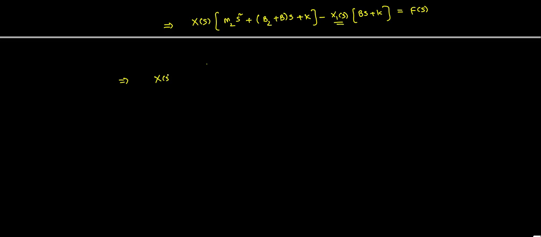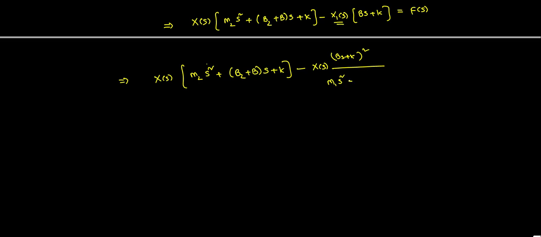So x of s into m2 s square plus b2 plus b into s plus k, minus x1 of s, which is equal to x of s into bs plus k into bs plus k, that will become bs plus k whole square divided by m1 s square plus b1 plus b into s plus k1 plus k, is equal to f of s.